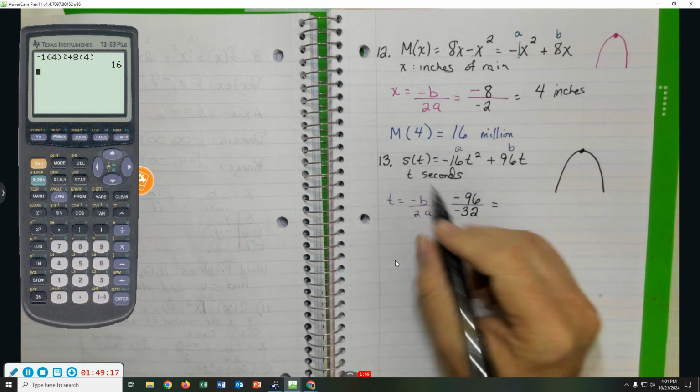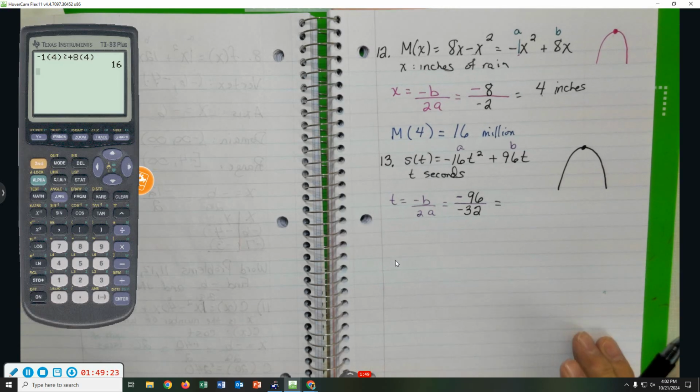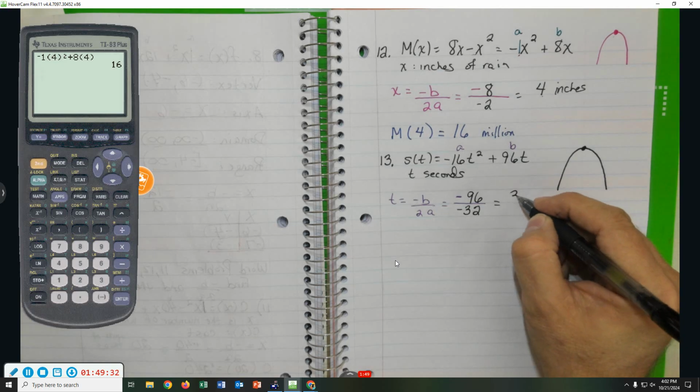Since t is seconds, it better not be negative. Am I getting a negative answer here? No. What's negative divided by negative? That's positive. 96 divided by 32, is that a 3?